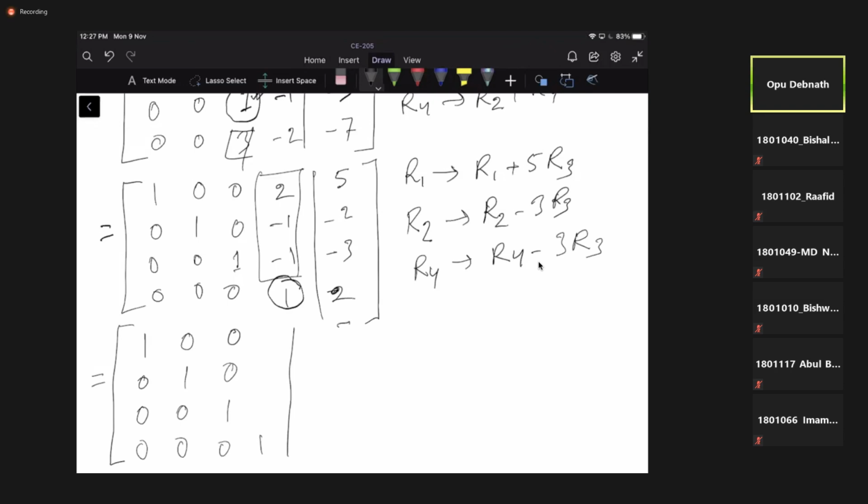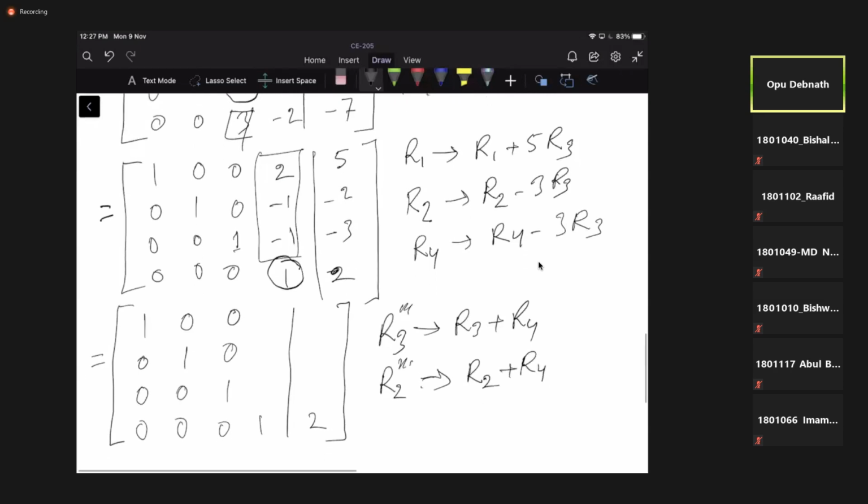So if I start from the bottom side, R3 will be R3 plus R4, R2 will be R2 plus R4.